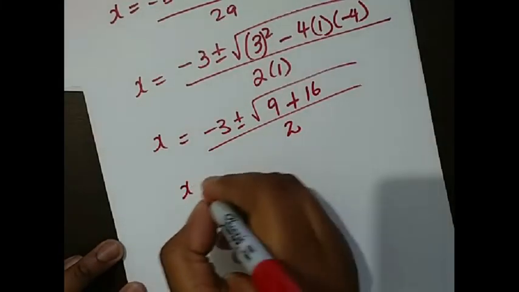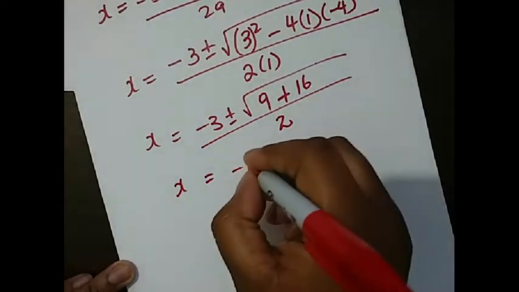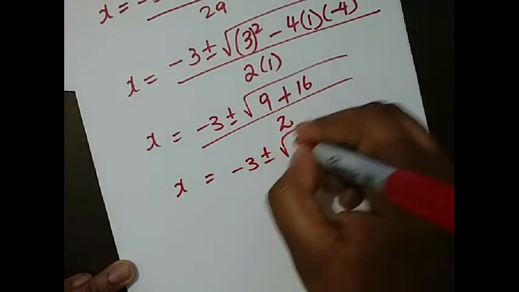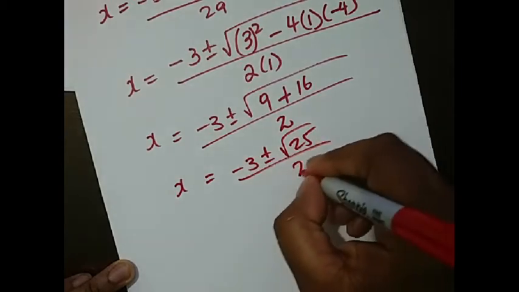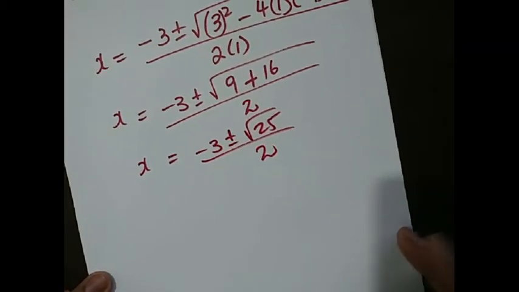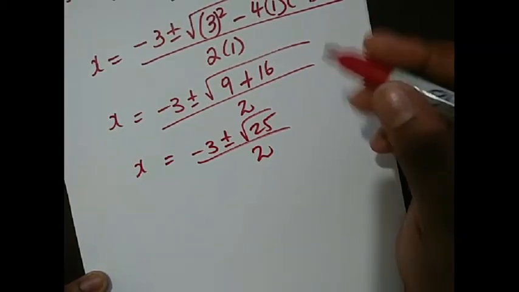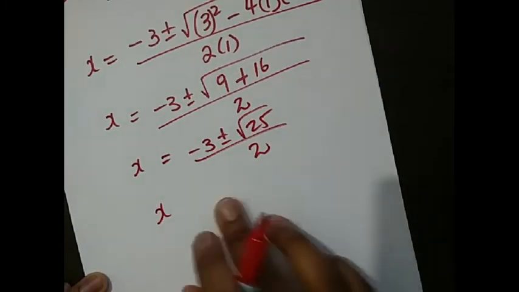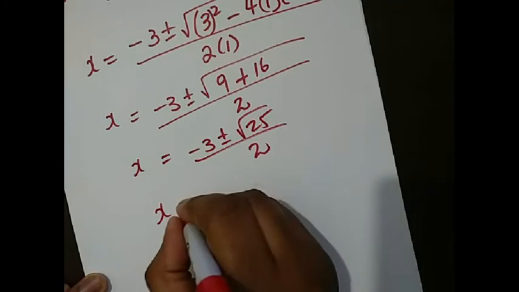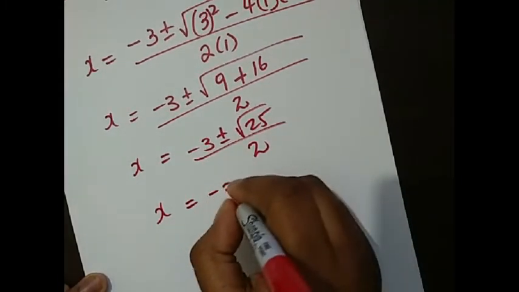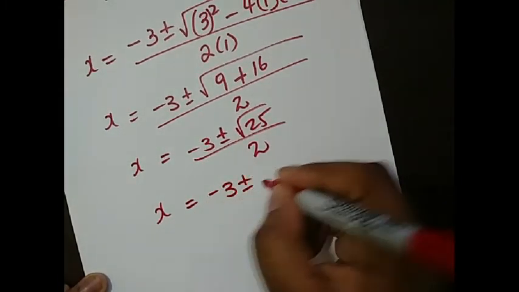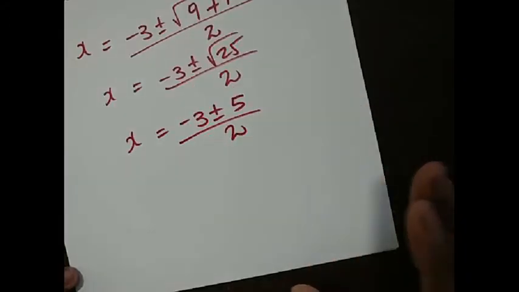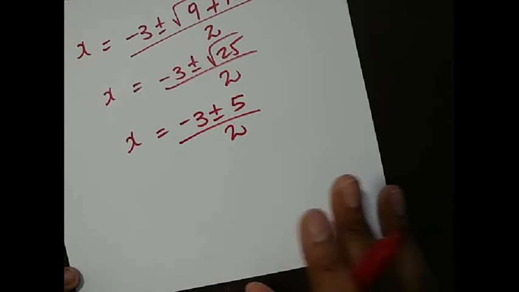So x is equal to negative 3 plus and minus the square root of 25 all over 2. Our final step now is to find our values of x. The square root of 25 is 5, all over 2. So now we can find the two values of x.